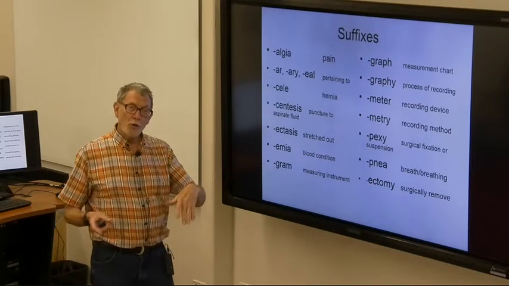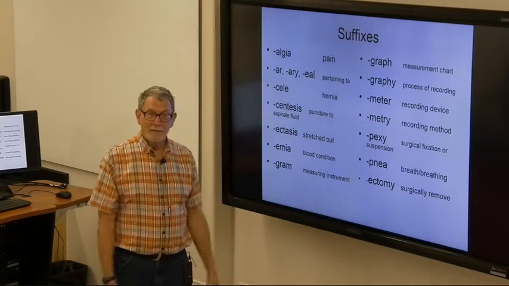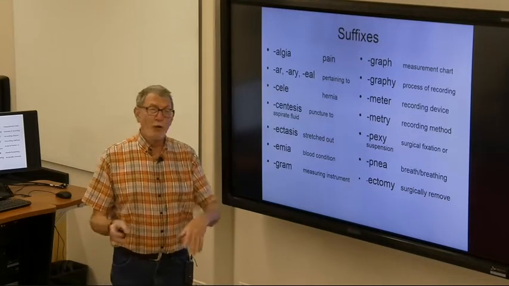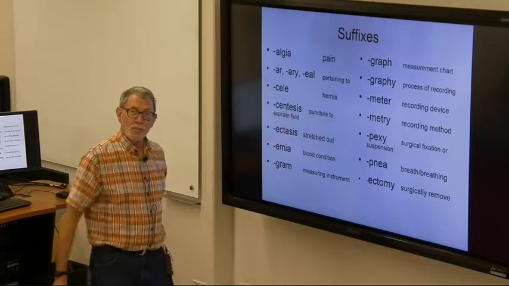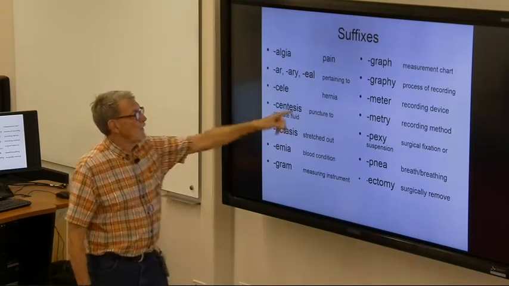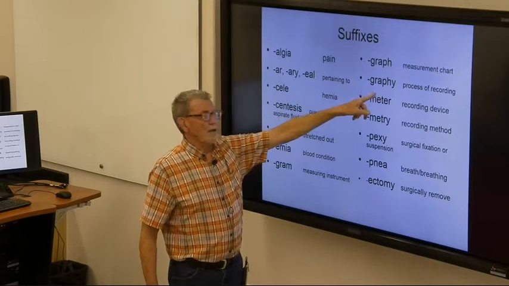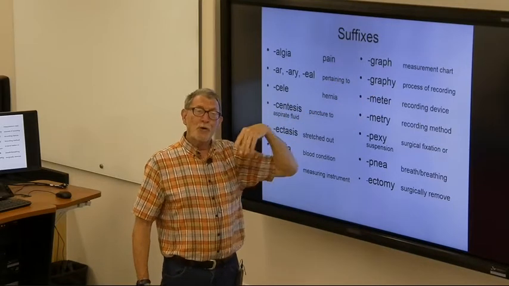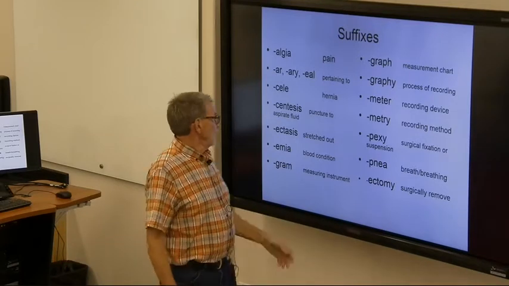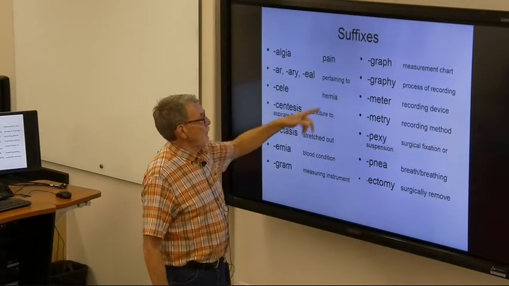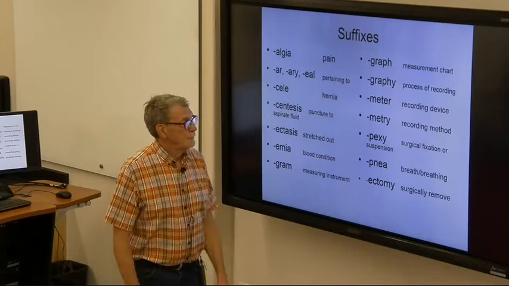So electrocardiogram is the machine. It produces an electrocardiograph, which is the actual graphic representation, the piece of paper. And the process is graphy. So electrocardiography is the field, the process of using an electrocardiogram to make an electrocardiograph.